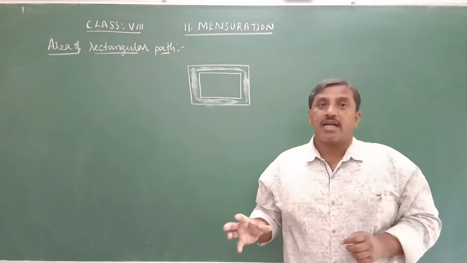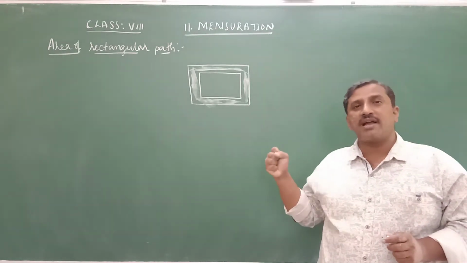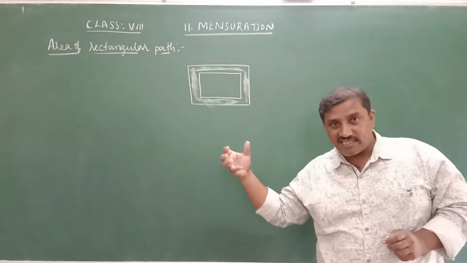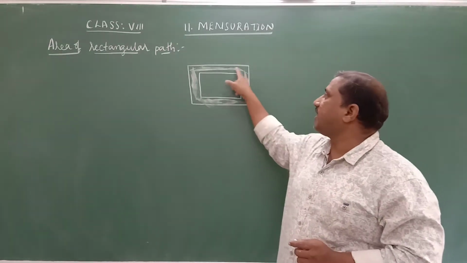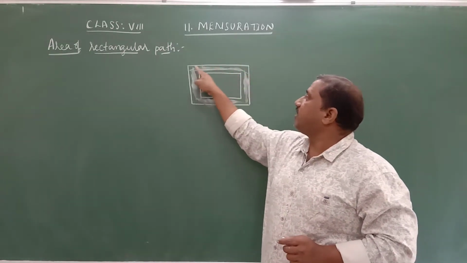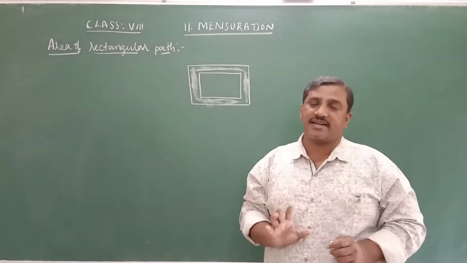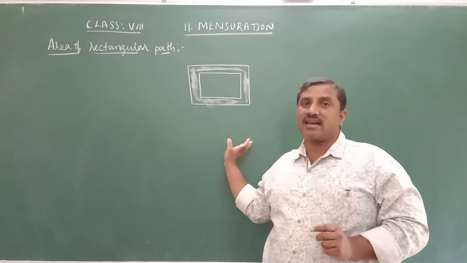In all three cases we get two figures of the same kind, that is two circles, two squares or two rectangles. Now the area of this rectangular path, the shaded region, is equal to the area of the outer rectangle minus the area of the inner rectangle.